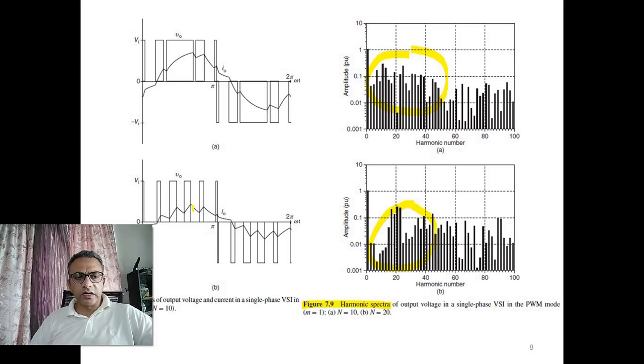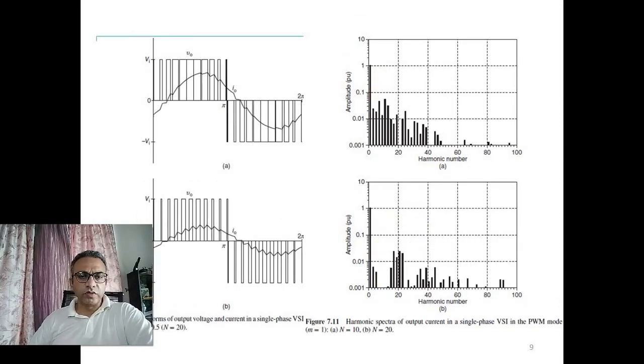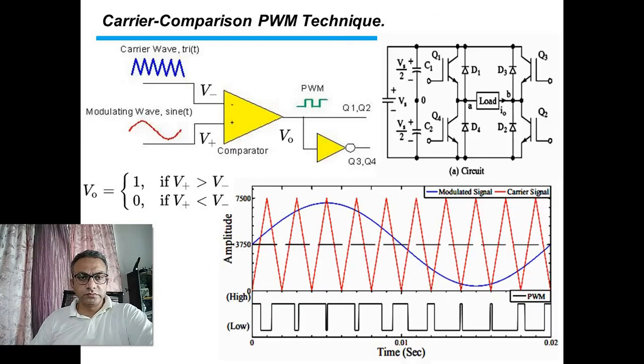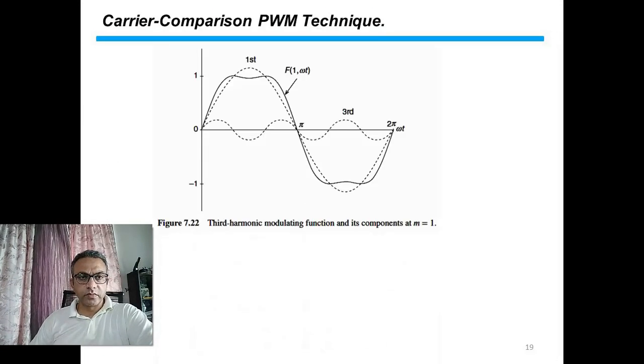Now there is another technique especially used to eliminate the third harmonic, because the third harmonic has the largest strength after the first harmonic. We can reduce it by using a special modulating signal called the third harmonic modulating function.